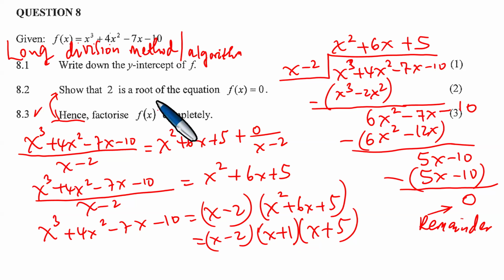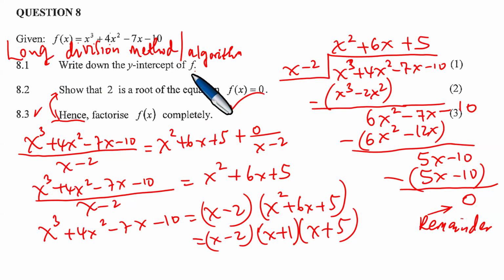Remember they said factorize f of x completely, and this is the factorization of that. F of x has been factorized completely, in its entirety. So take note of that.